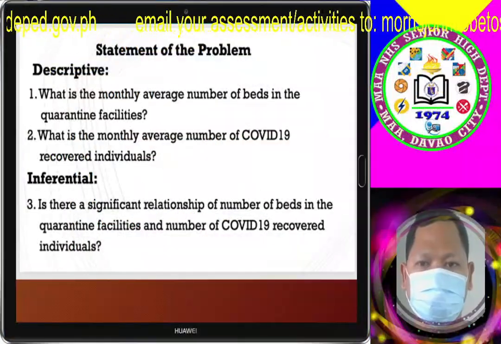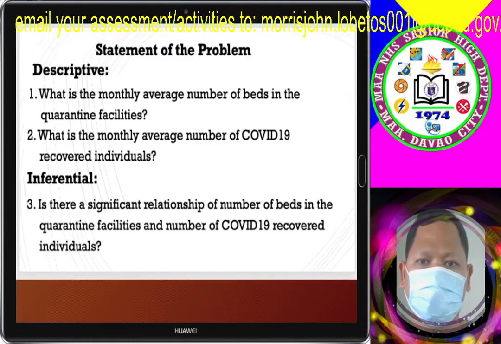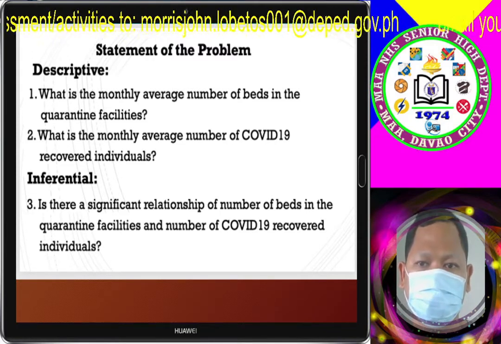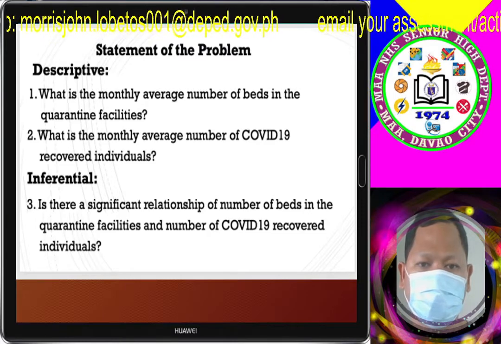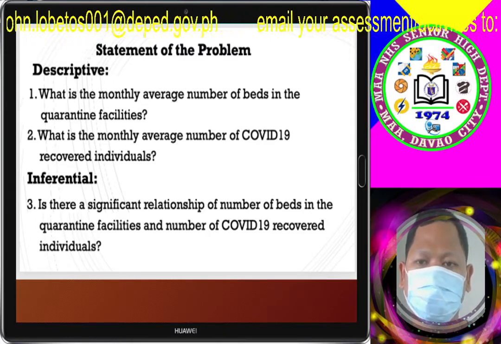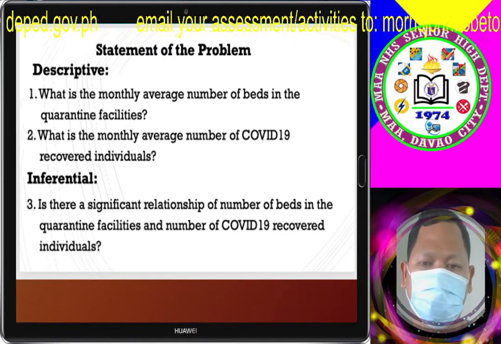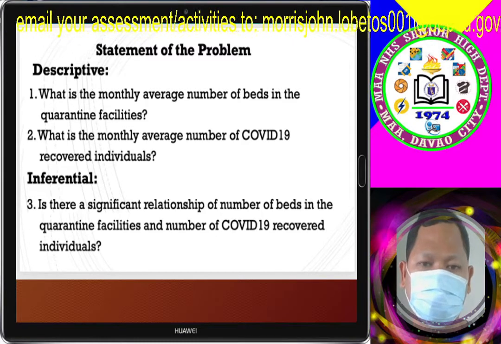As you can see here, in this inferential question: is there a significant relationship between the number of beds in the quarantine facilities and the number of COVID-19 recovered individuals? This serves as your hypothesis in your study. This is the one that you seek answers for.